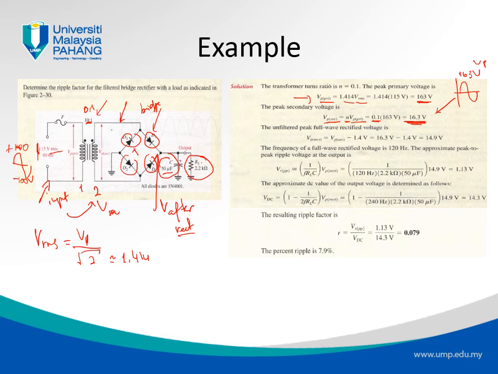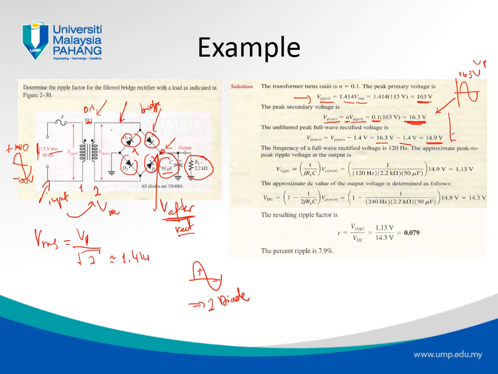In each cycle, be it positive or negative, we have two diodes to take into account. So we have 16.3 volts minus 1.4 volts. So after rectification, we now have a voltage of 14.9 volts, the peak voltage.